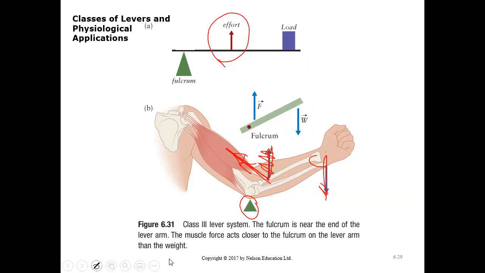The direction is not shown correctly. I don't know why it is drawn like that. I will correct it maybe later. He's showing the perpendicular force. This is the tendon, right? Direction doesn't matter, it is in the middle. Okay, that's all. So we have the effort in the middle for class 3.